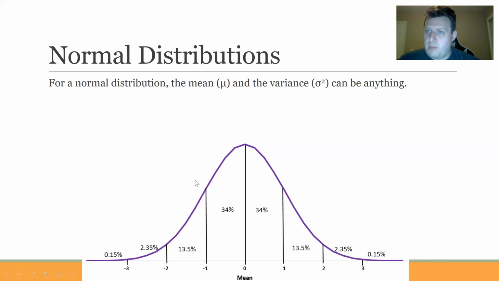How about what's the probability that someone scores between -1 and +1 standard deviations from the mean? Suppose the average of a test is 100 and the standard deviation is 15. What is the probability that someone will score between an 85 and a 115?